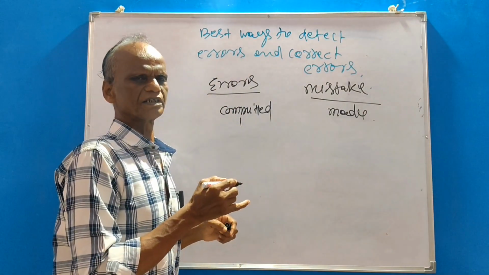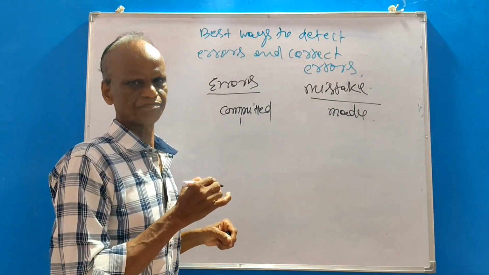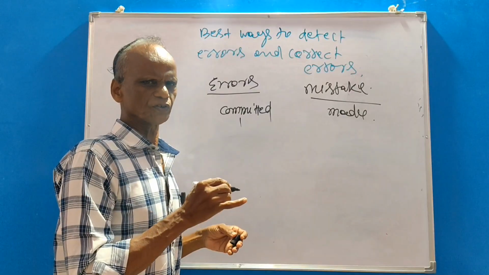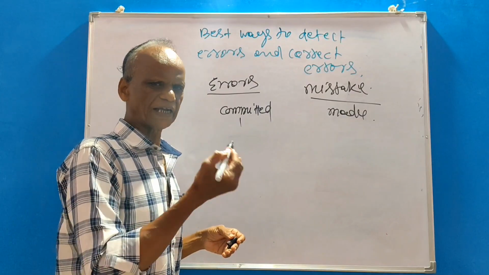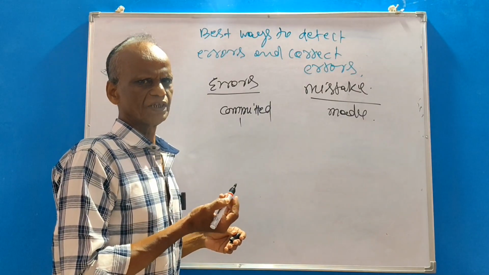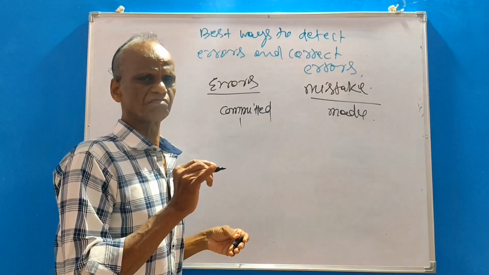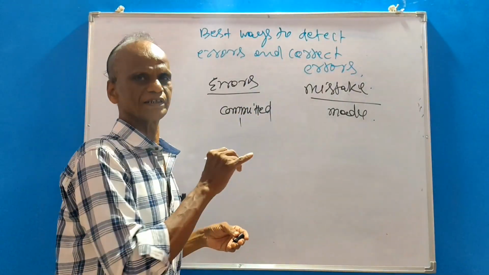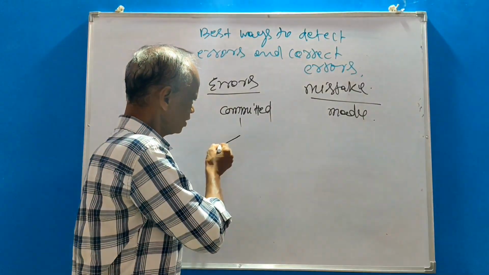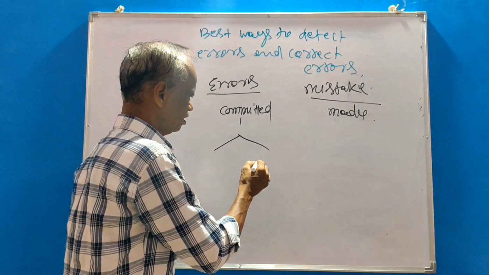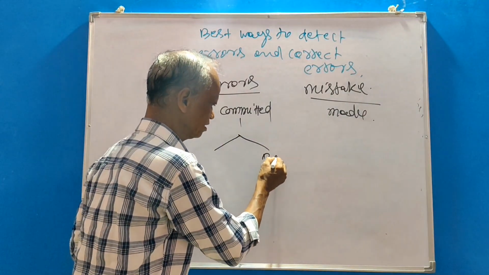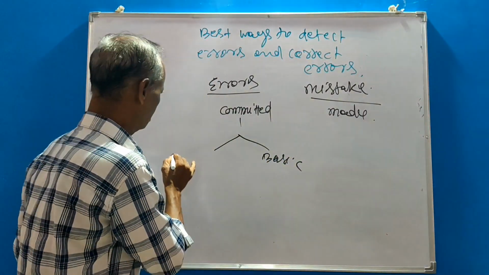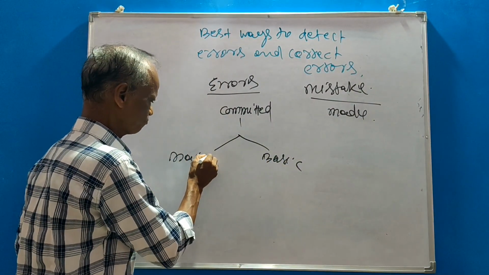Committed means you do something wrong. Suppose you write an essay. Generally, you commit some errors. So, errors are committed. Errors are of two types: basic errors and main errors.